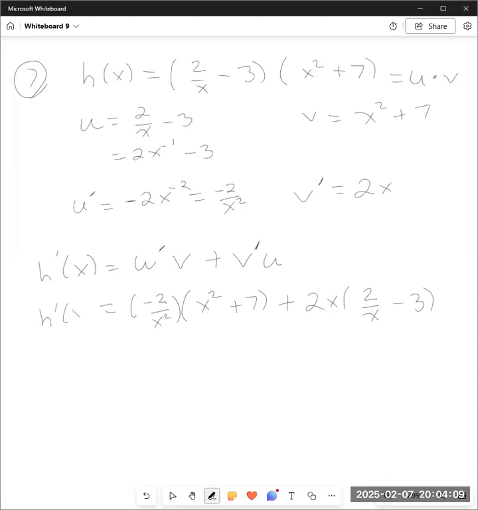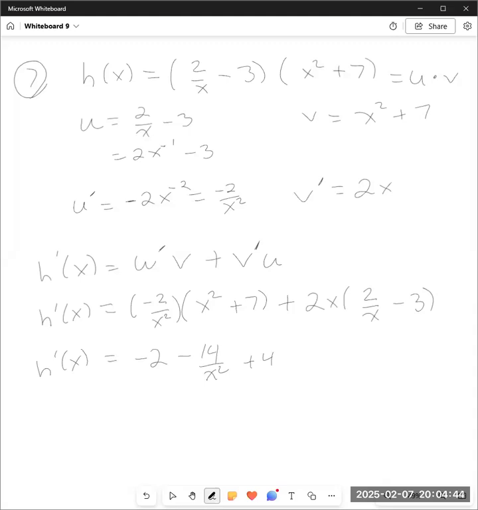Let's see what we can do to clean that up a little bit. So h prime of x, when I distribute here, is going to give me x squared divided by x squared will make a 1. That's a negative 2. Negative 2 times 7 is a negative 14 over x squared. This has a denominator of 1. So 1 times x squared is x squared. x divided by x, there will be 1. 2 times 2 will be 4.